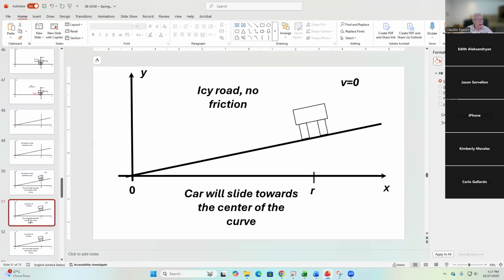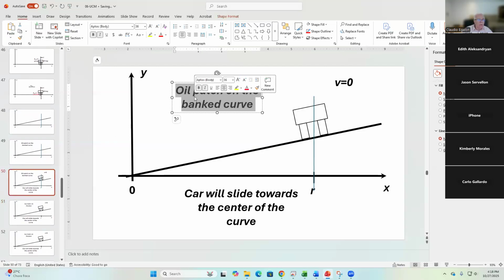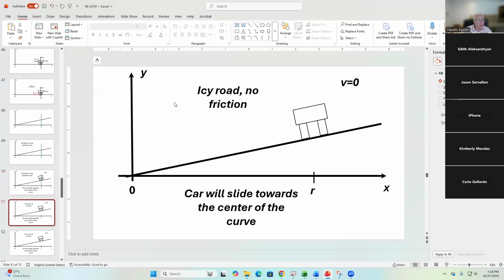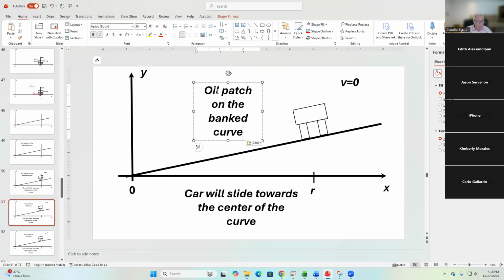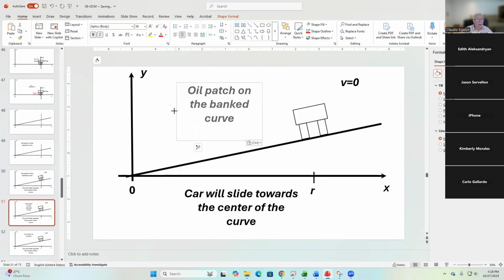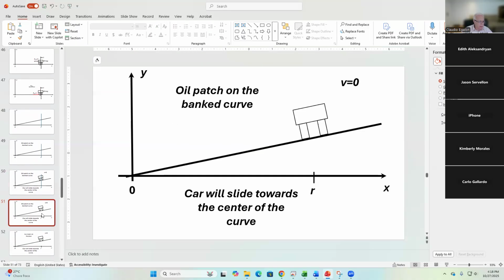Erase this one. And now we are going to do the other thought experiment. Instead of the car being at rest, now the car is moving very fast.